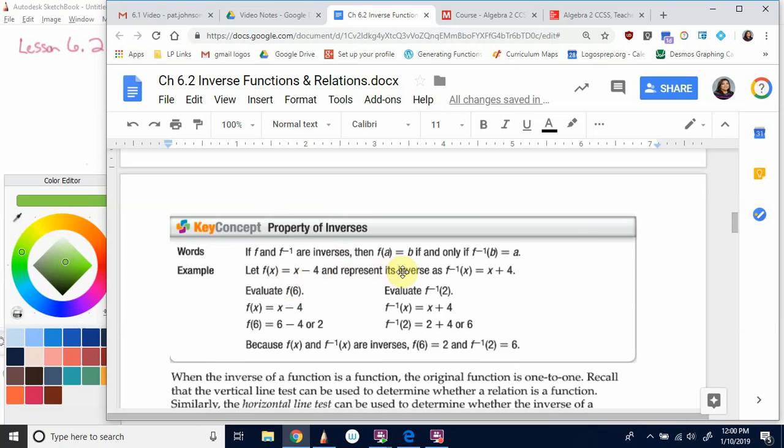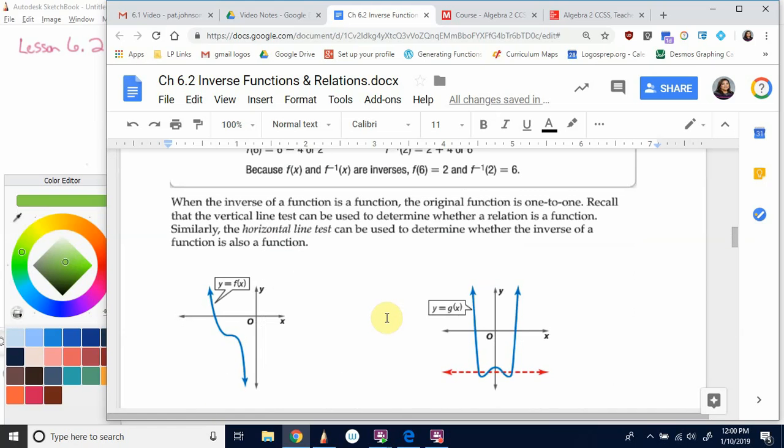So let f(x) equal x minus 4, and represent its inverse as x plus 4. We evaluate f(6) and we get 2. Then we evaluate the inverse at 2, and we should get 6, and we do. So both of these are inverses. That's one way of checking it.